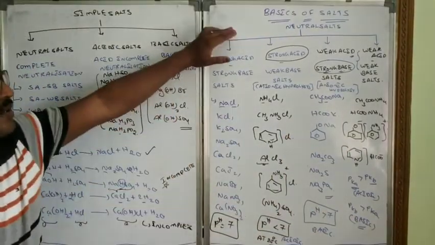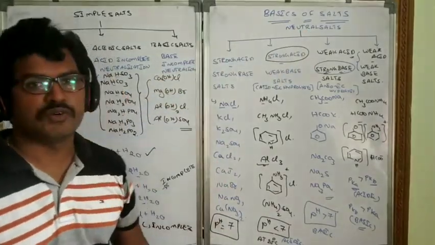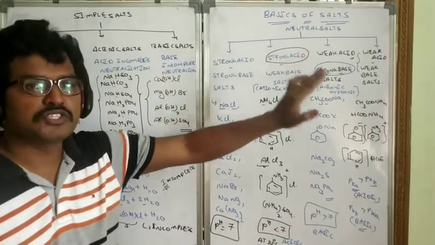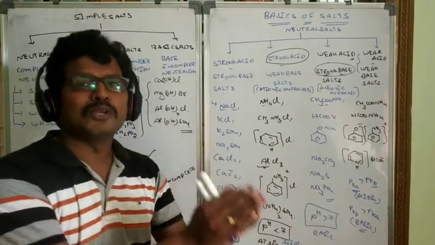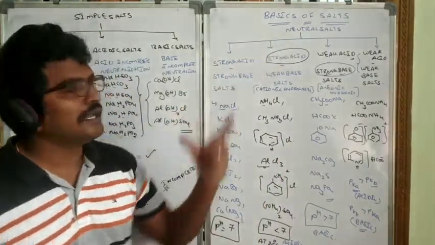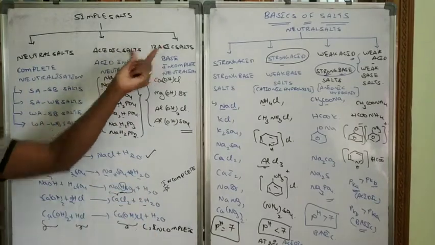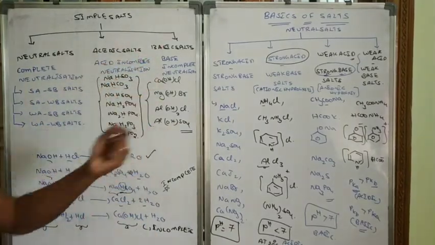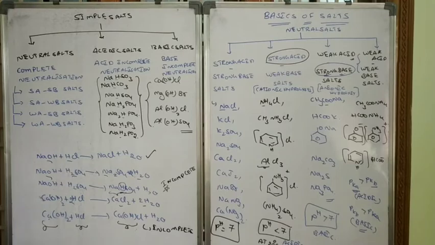So that is about the neutral salts. What are neutral salts? Those formed by the complete neutralization of acid and base are nothing but the neutral salts. Acidic and basic salts are formed by incomplete neutralization.